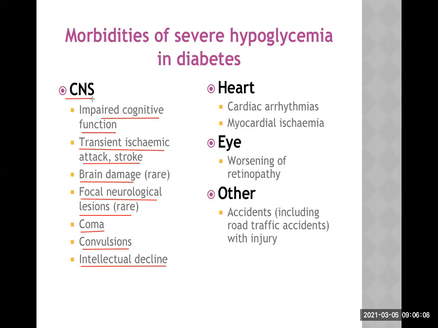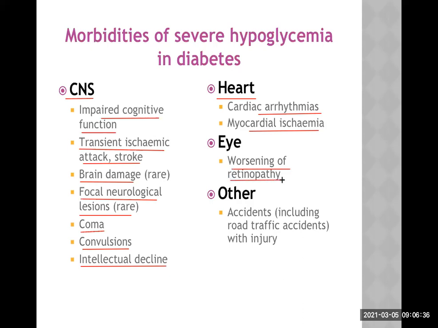So the brain is one of the main organs suffering in hypoglycemia. What about the heart? There may be cardiac arrhythmia and myocardial ischemia. Ischemic features can also occur because of hypoglycemia, because glucose is the nutrition for most of the organs. Regarding the eye, there is worsening of retinopathy.